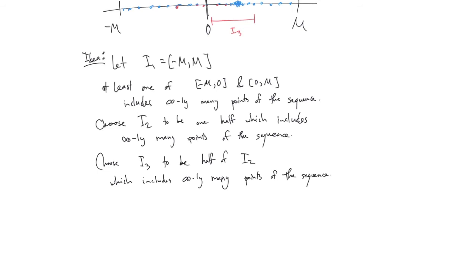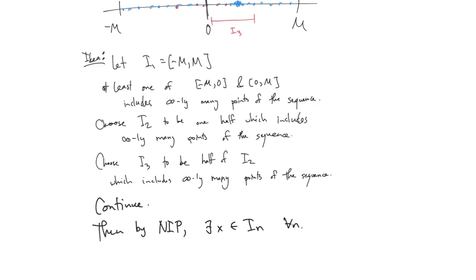So let me just say continue like so. Then these are all closed intervals. They are nested because each one is just a half of the previous one, so they will automatically be nested. So by the nested intervals property, there exists some point x that is in I(n) for all n, all right?